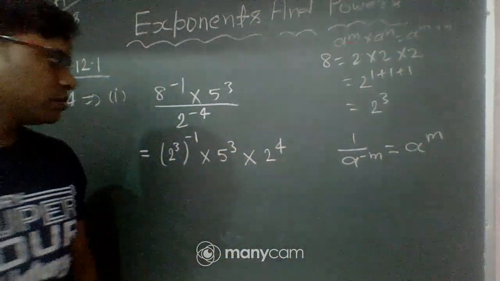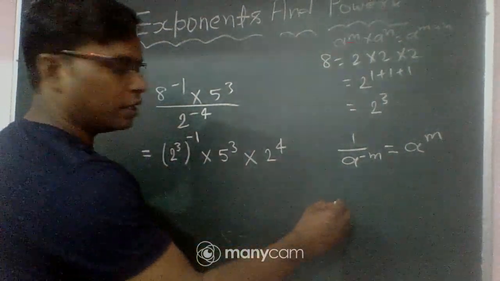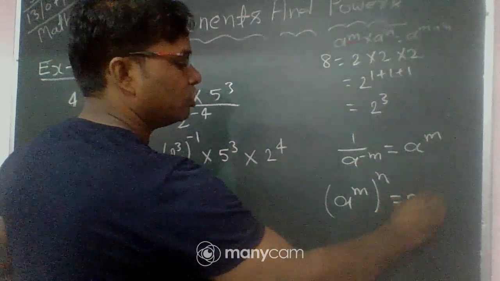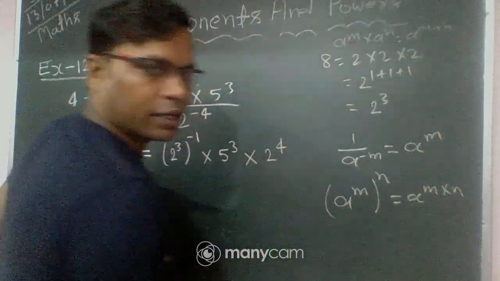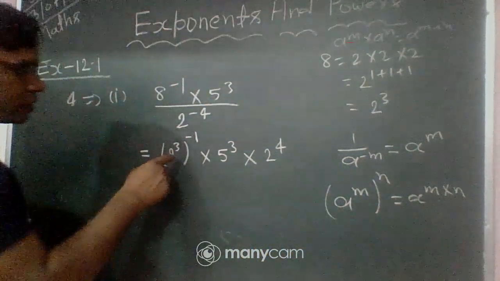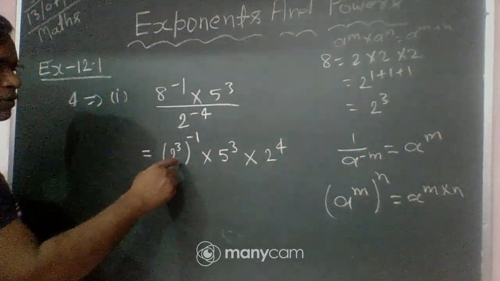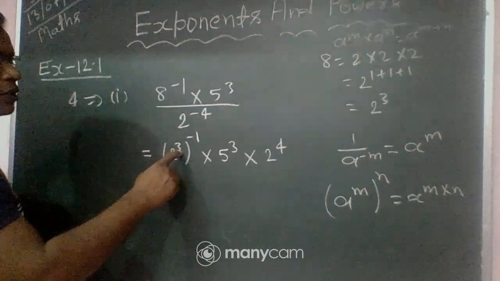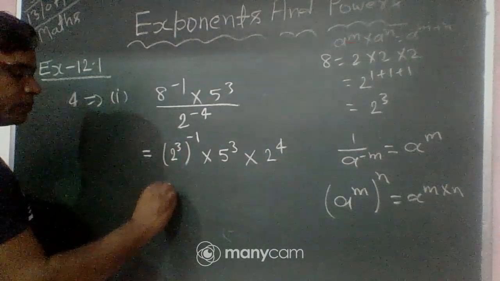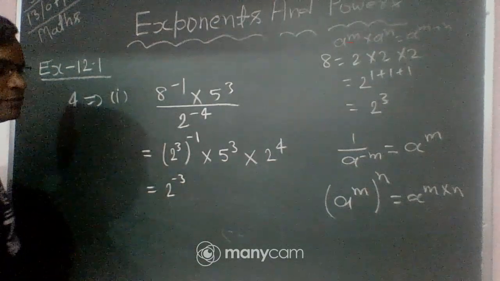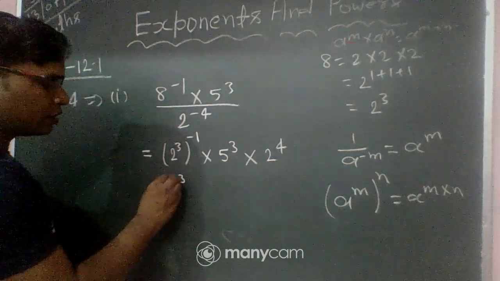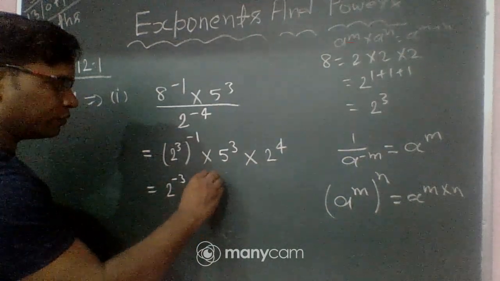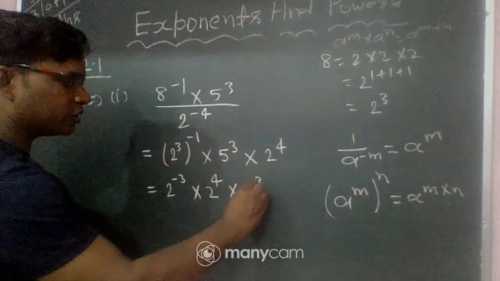You also know that a power m whole power n is equal to a to the power m into n. Clear? Here 2 power 3 whole power minus 1, then you multiply 3 into minus 1, it becomes minus 3, into 2 power 4 into 5 power 3.